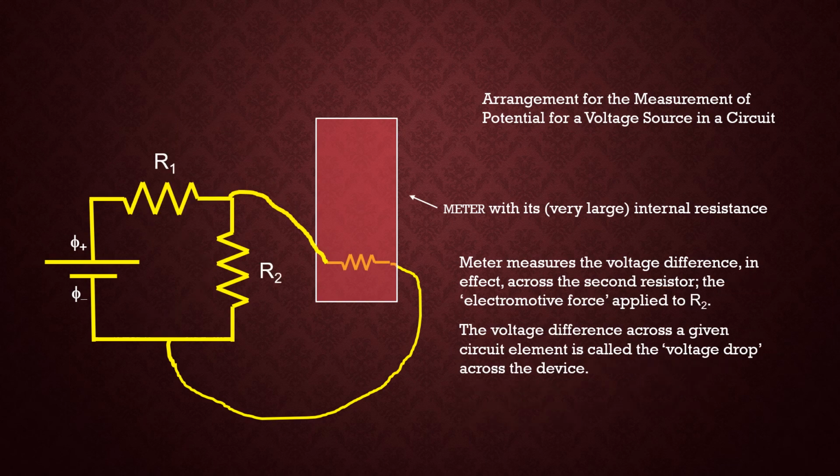If I have two elements in the circuit, namely two resistors in this particular example, R1 and R2, I know that when the current passes through the circuit, some of the energy is dissipated by resistor number 1, altering the potential at the upper right-hand corner of the circuit as it's drawn. So the total voltage, namely the potential phi plus minus phi minus, is not the same at the upper right-hand corner.